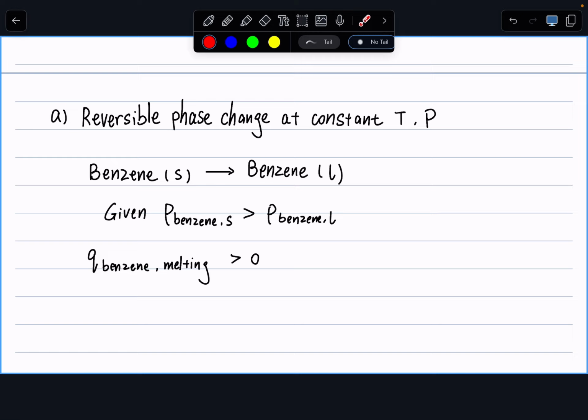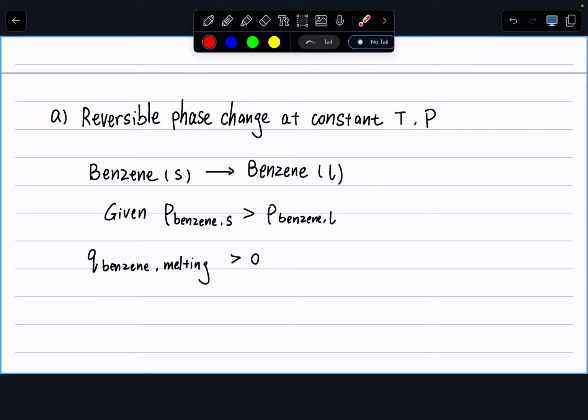All right. So the first thing, reversible phase change at constant temperature and pressure. We're talking about a solid benzene melting into liquid benzene. In the process, we know that the density of the solid benzene is larger than the density of liquid benzene.